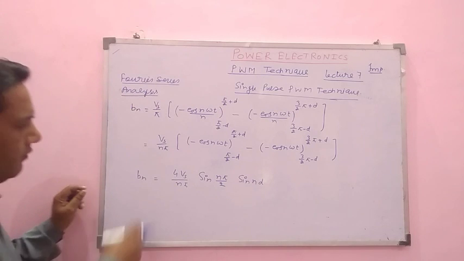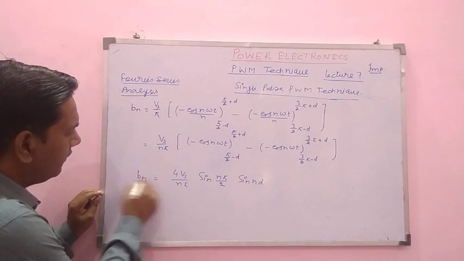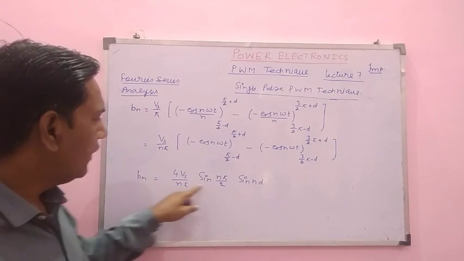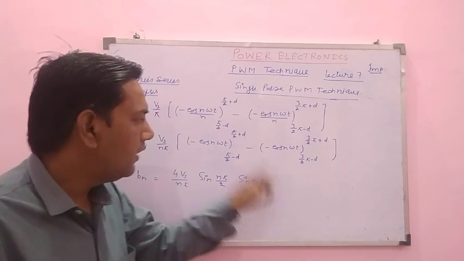So in this way we have calculated the value of coefficient for odd harmonics. Bn is equal to 4Vs upon n pi sin n pi upon 2 sin n d.